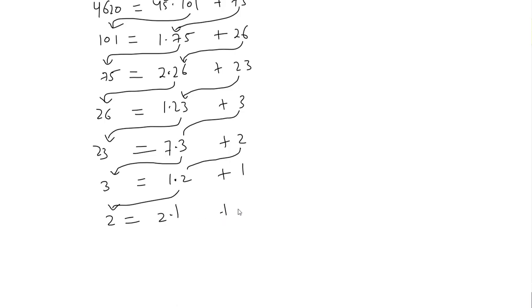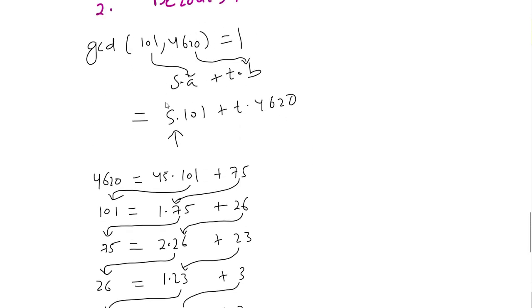This is where we'll stop. So what we found as GCD is 1. Now we will work our way backwards till we have an expression of the form S times 101 plus T times 4620, because this will give us the inverse.